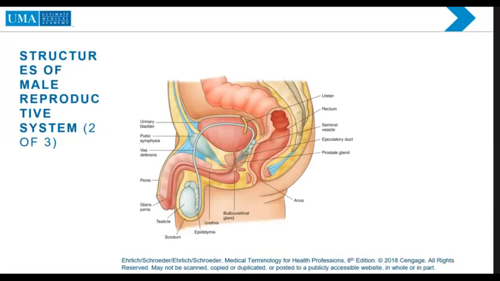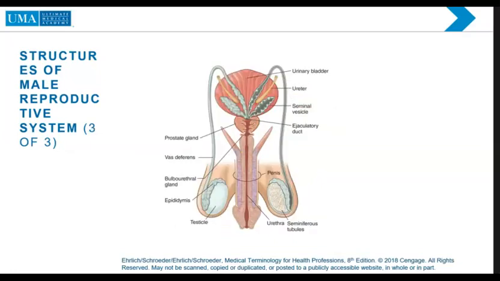This slide shows the external and internal male reproductive system, and this slide also lists structures of the male reproductive system.